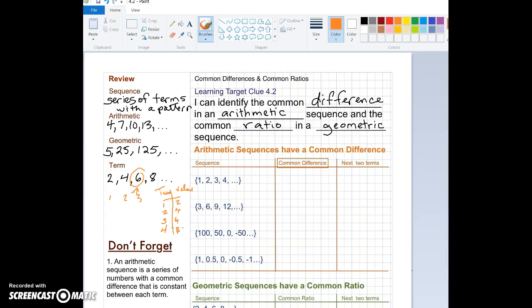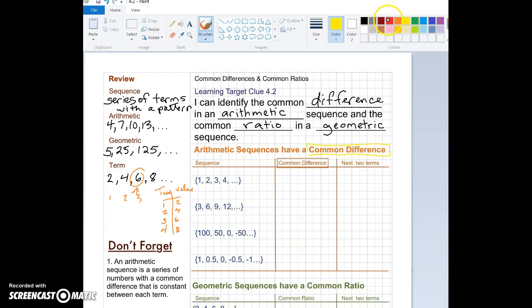It could be a positive number or it could be a negative number, but from one term to the next term, there's always the adding of the same number. So we call that a common difference. It's called a common difference. That is what makes an arithmetic sequence an arithmetic sequence.